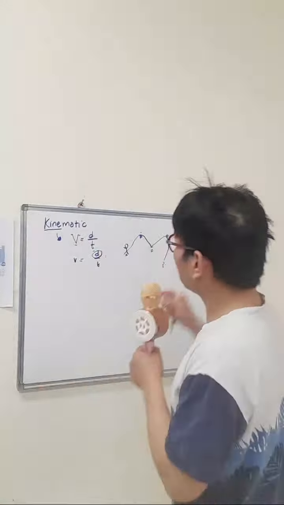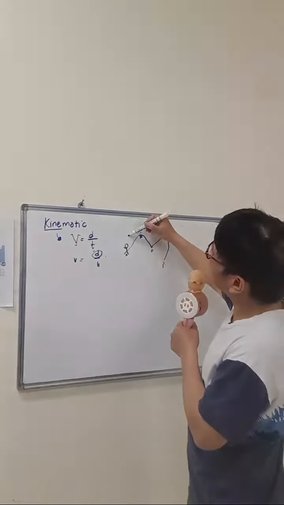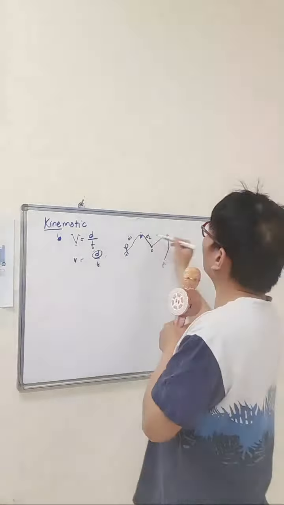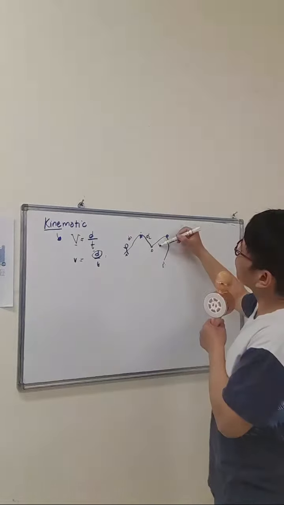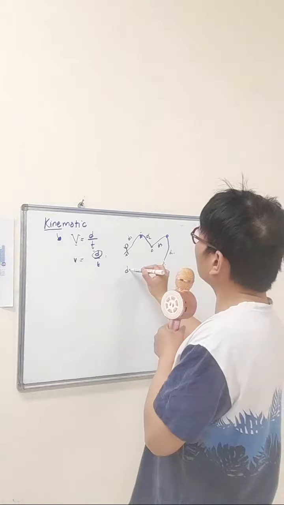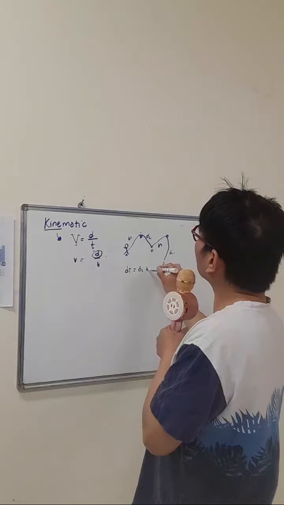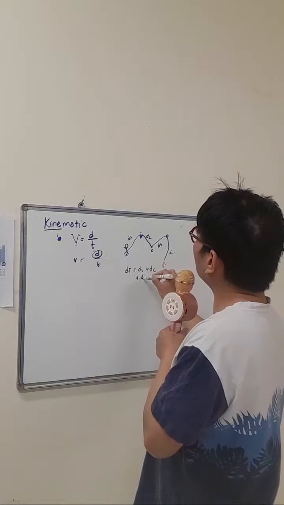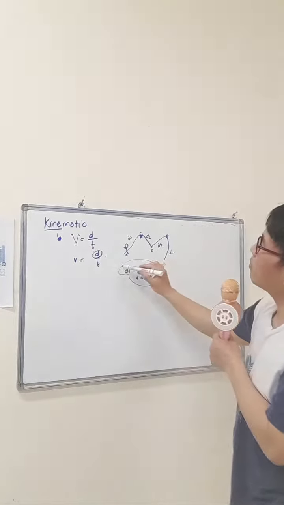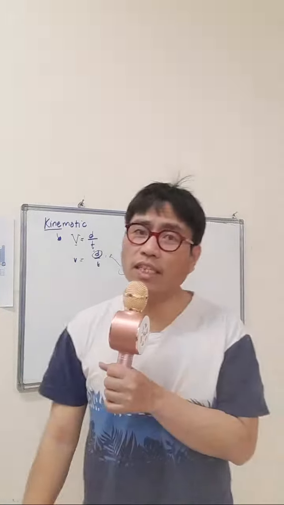So I cover the distance from point A to point B, distance 1. From point B to C, distance 2. From point C to D, distance 3. From point D to F, distance 4. So your total distance will be D1 plus D2 plus D3 plus D4. So this is the distance that you'll substitute in your scalar velocity.